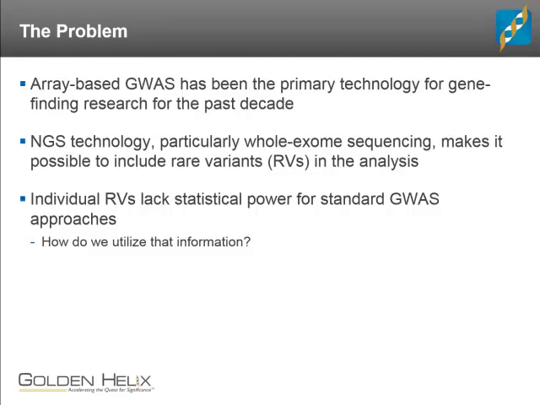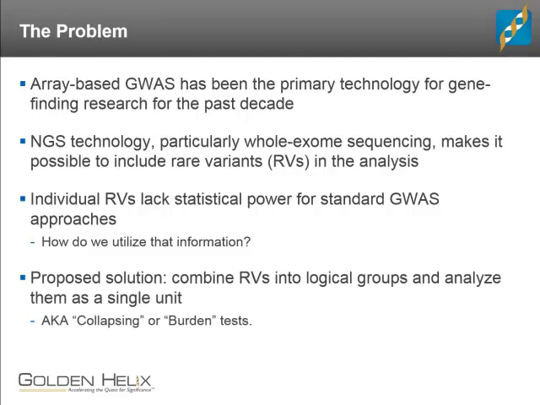So we have to be a little more creative in terms of how we utilize the information coming from rare variants. The standard approach that has been in practice for several years now and continues to be developed is combining rare variants into logical groups somehow and analyzing them as a single unit.